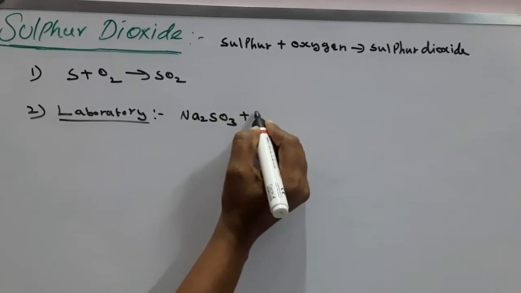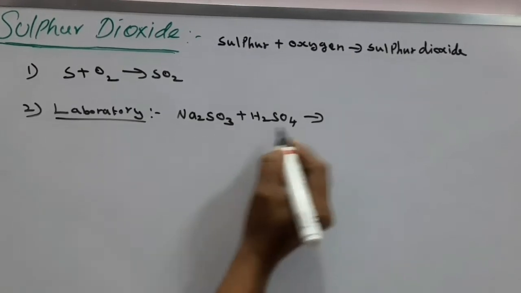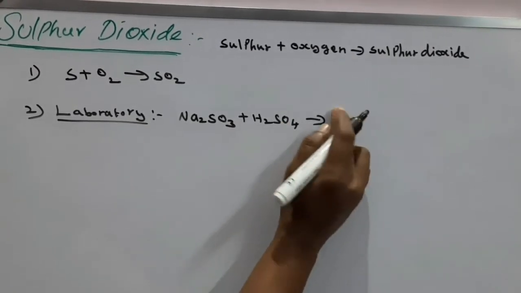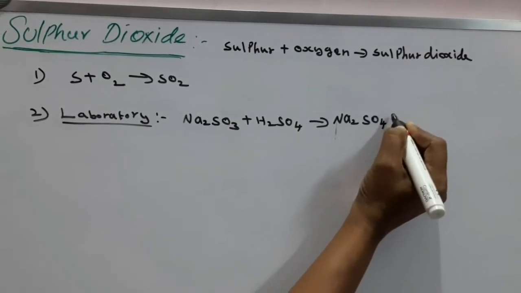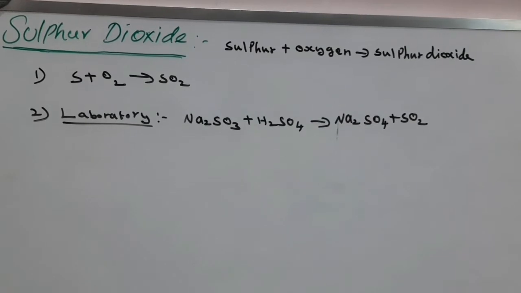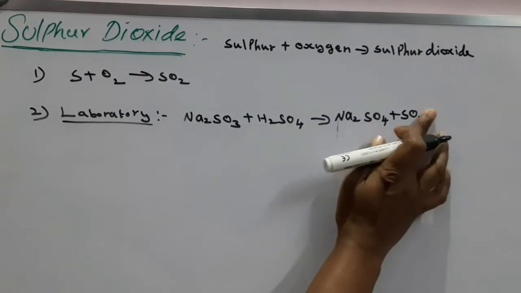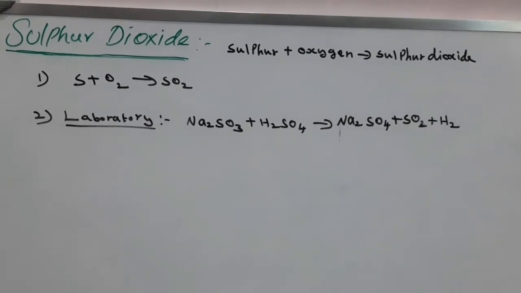It is treated with dilute H2SO4 to form Na2SO4 plus SO2 plus H2O.